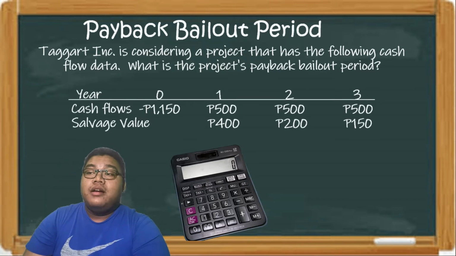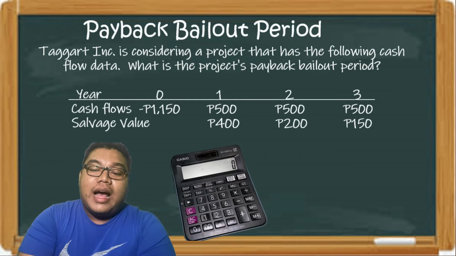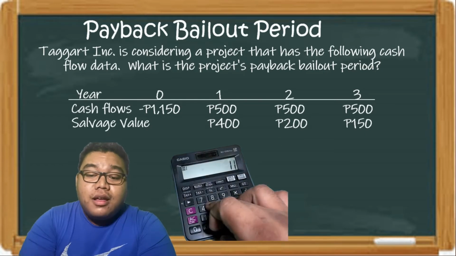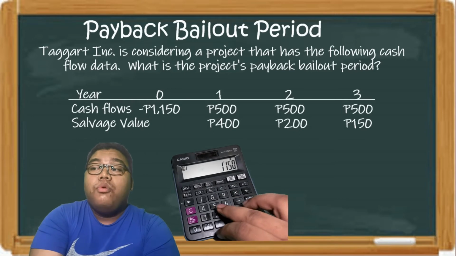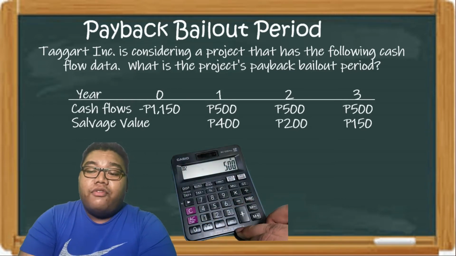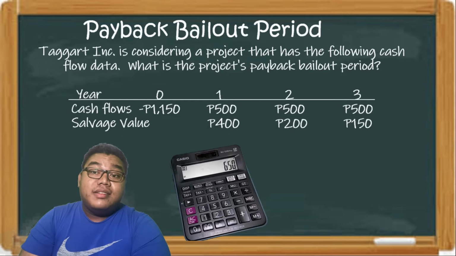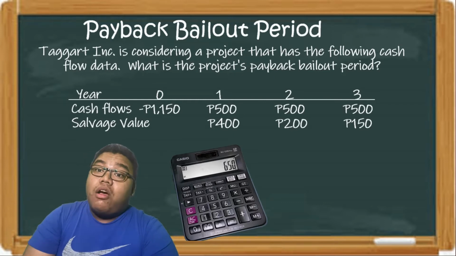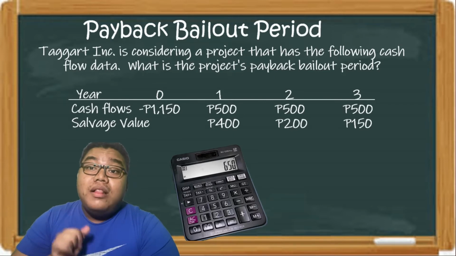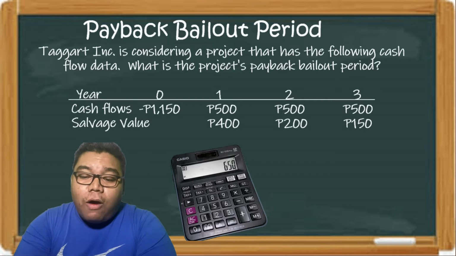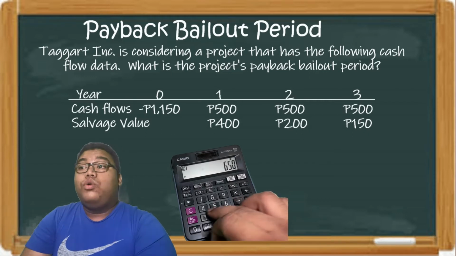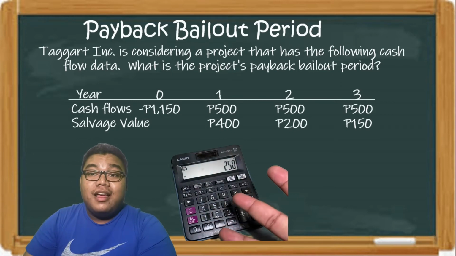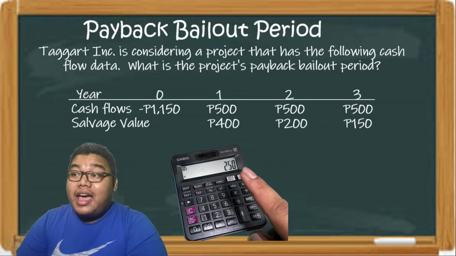In here, what we will do is we have 1,150 minus the cash flow for year 1, which is 500. Now you still have 650 to recover from the investment. You will now consider the salvage value of 400. If you consider the salvage value of 400, would you have recovered the entire investment? The answer there is not yet.